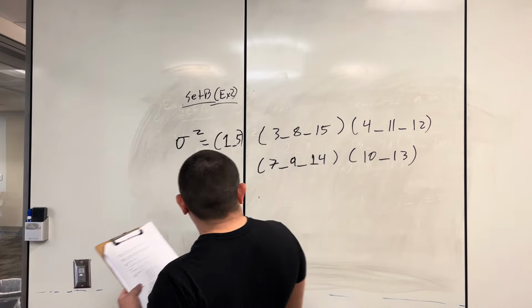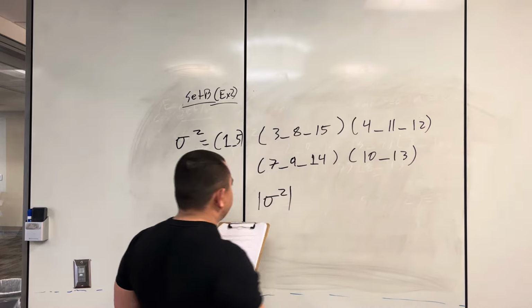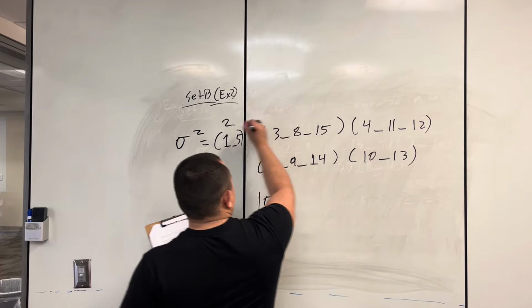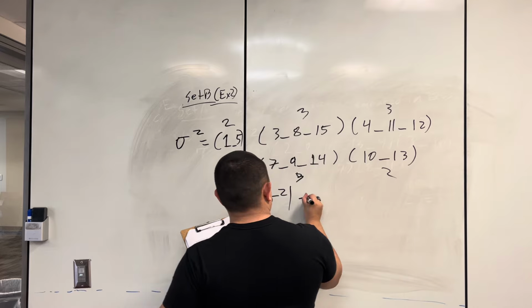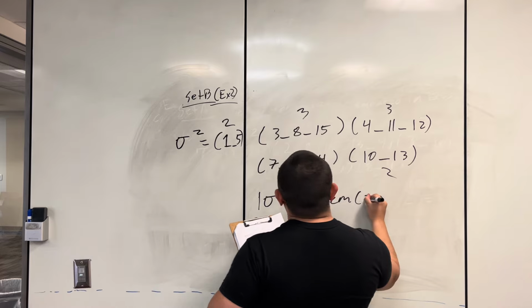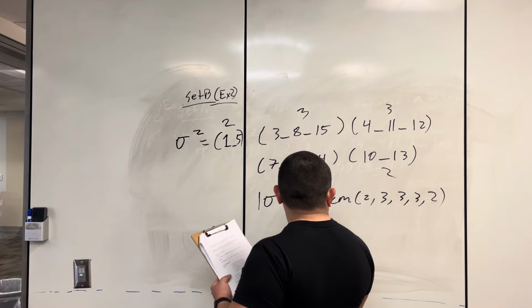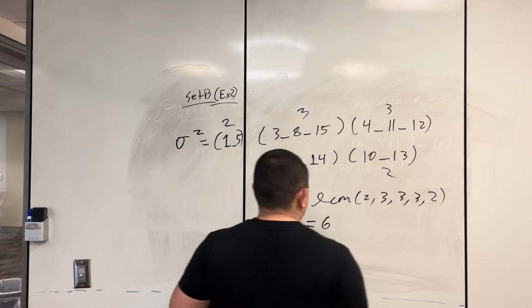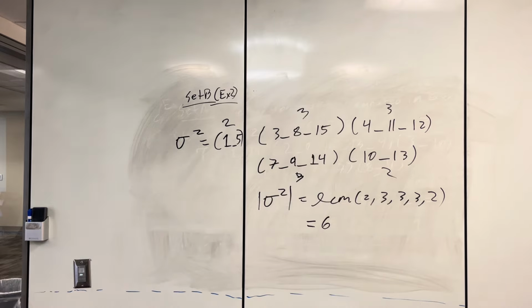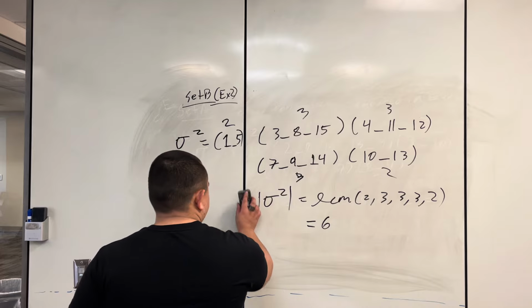So what's the order of sigma squared? Well, same process as usual. The cycle lengths are 2, 3, 3, 3, 2. What's the least common multiple of that? Well, that looks like 6, which in fact it is. Okay. Let's go on to sigma tau.